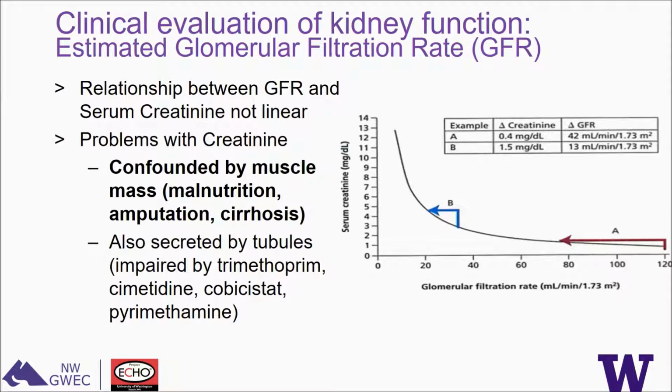It's important to understand in this graph here, do I have a mouse? Oh, here we go. When you get to lower kidney functions, lower glomerular filtration rate, larger differences in creatinine mean less at that stage. However, when you're at the higher end, smaller differences in creatinine make a big difference in terms of glomerular filtration rate.